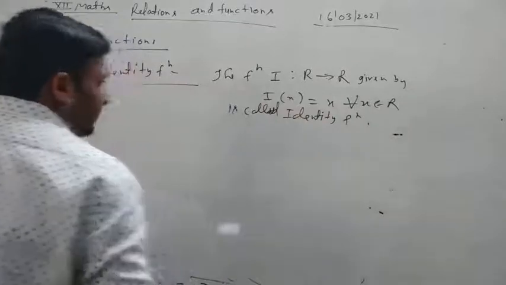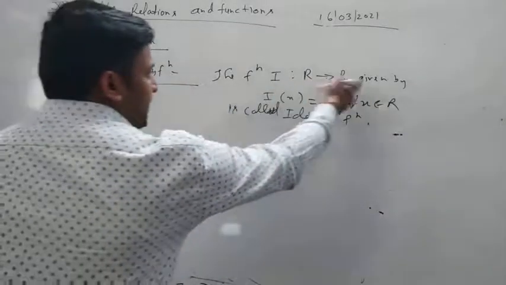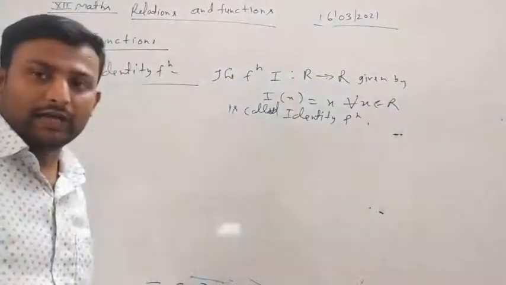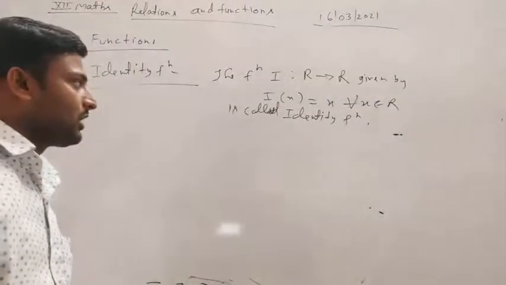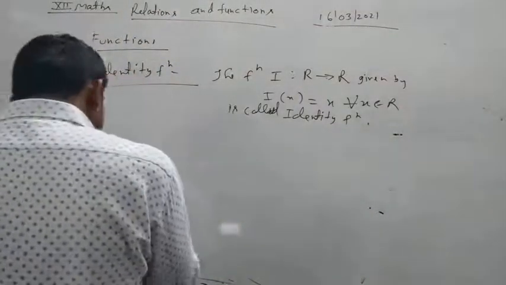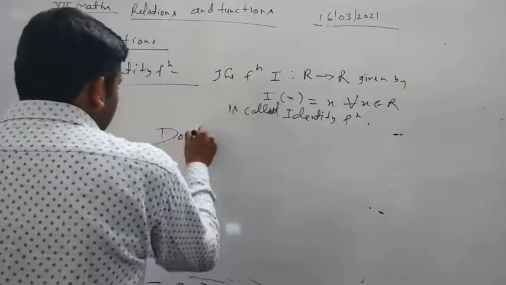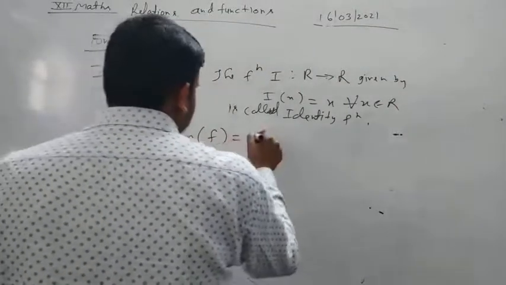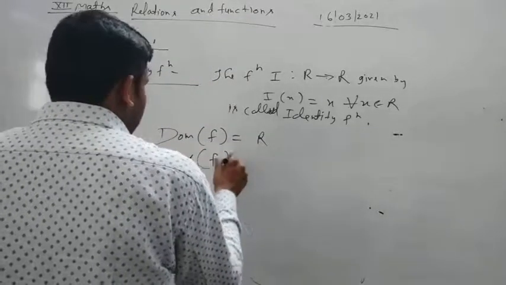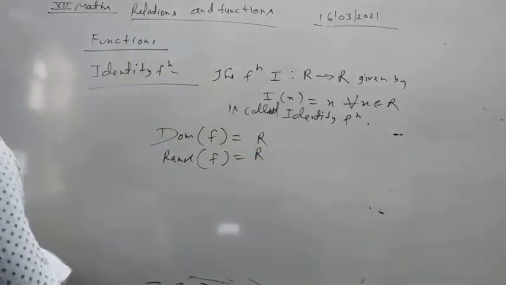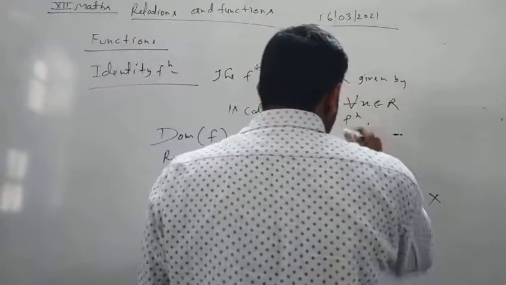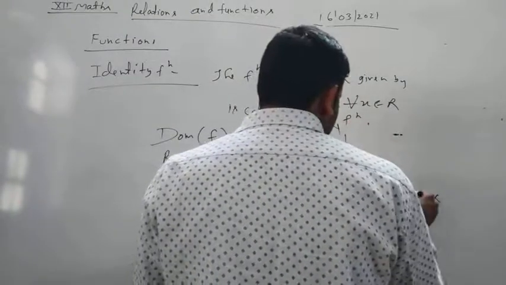Okay students, a function I from R to R given by I(x) = x for all x belonging to R is called the identity function. Its domain is R and the range is also R. The domain and range of the identity function are always equal.